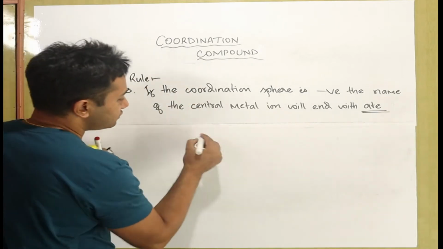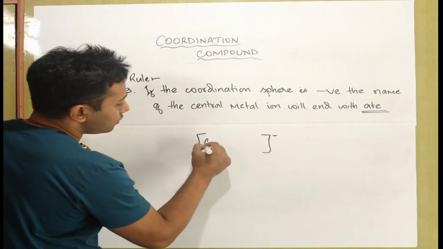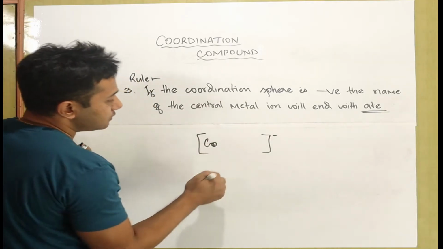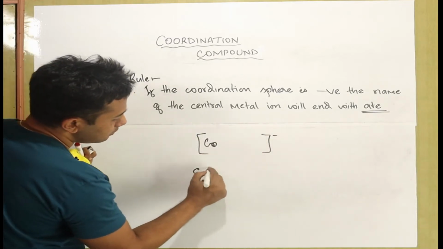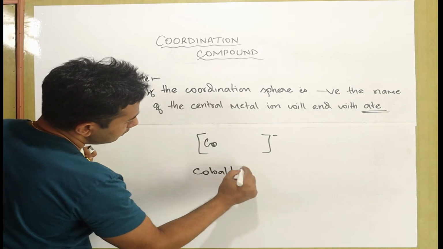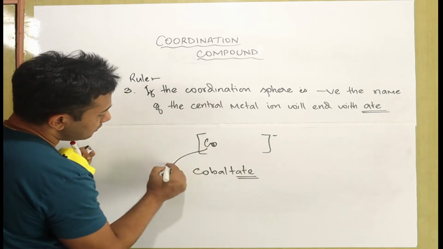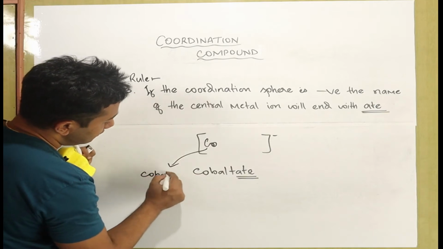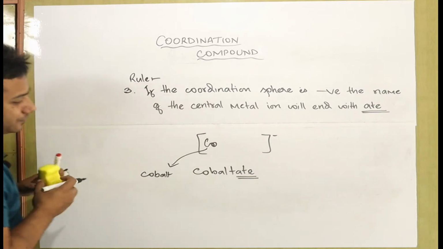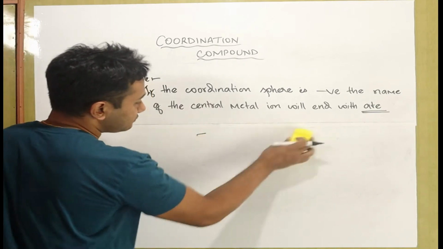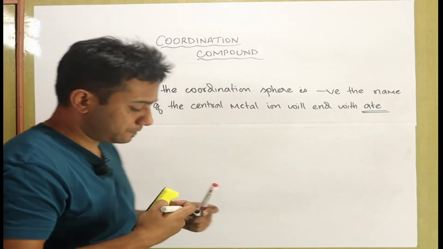This is the coordination part. If it has a negative value, let's say we have cobalt here. The name of this element is cobalt, but if the coordination part is negative, we have cobaltate. So this is rule number 3.